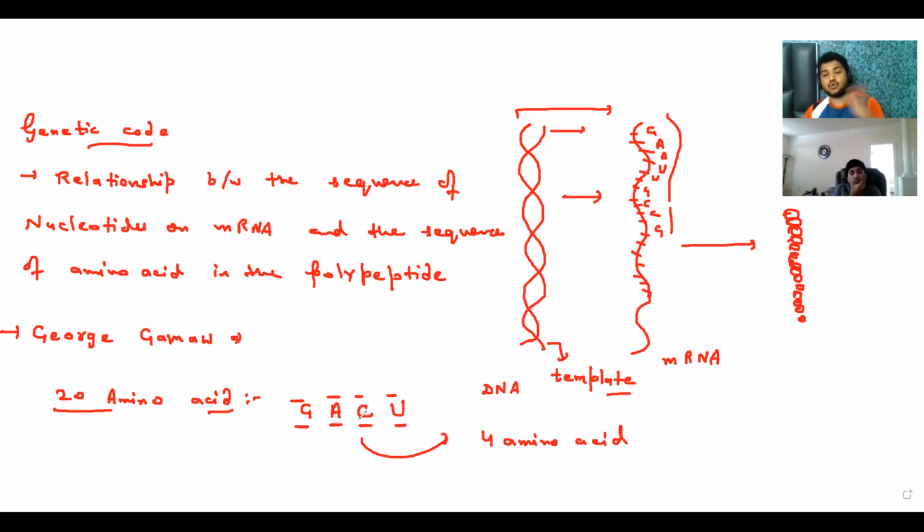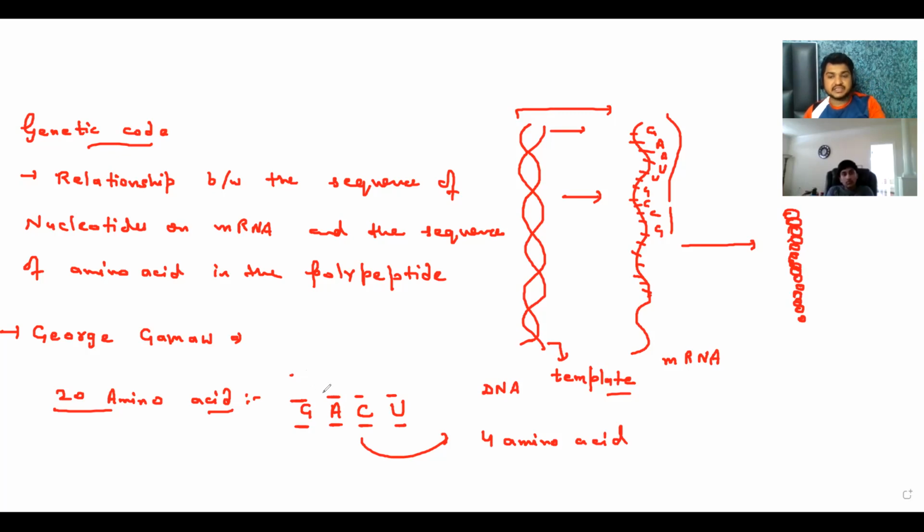If four codes code for four amino acids, how would the other 16 amino acids get formed? We need the code for the other 16 amino acids also. So finally George Gamow said that there are four main codes, but actually they are not present singly.